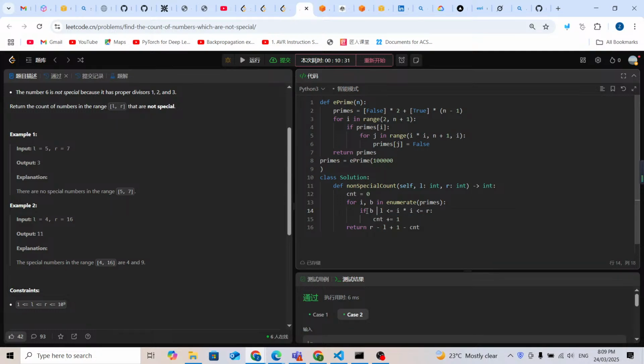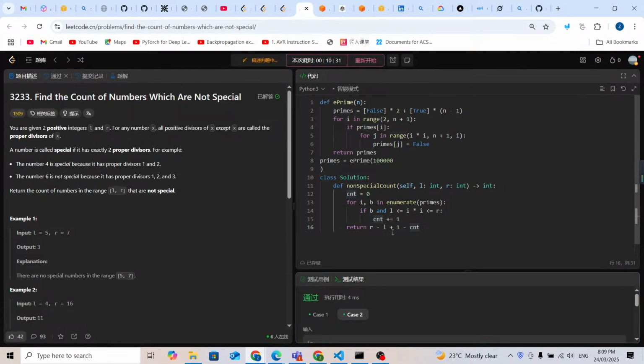If b is true, meaning it is a prime number, and its square is within L to R, we count it. This means it is a special number. But we want to return the count of not special, so the total numbers minus the special numbers gives all the numbers which are not special.